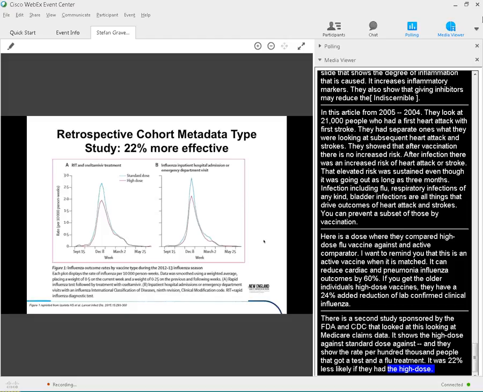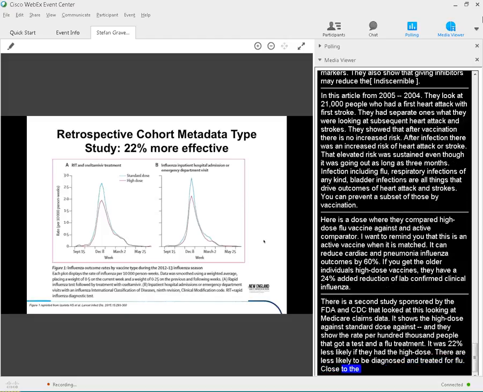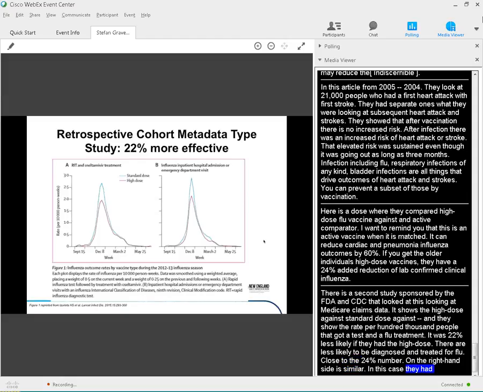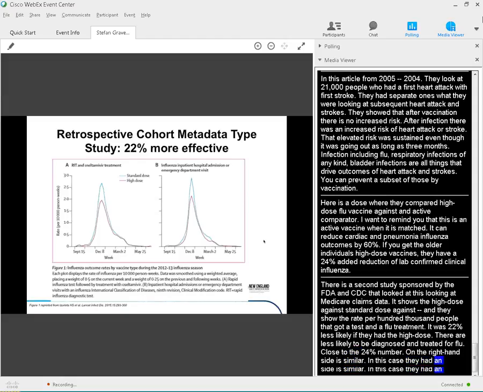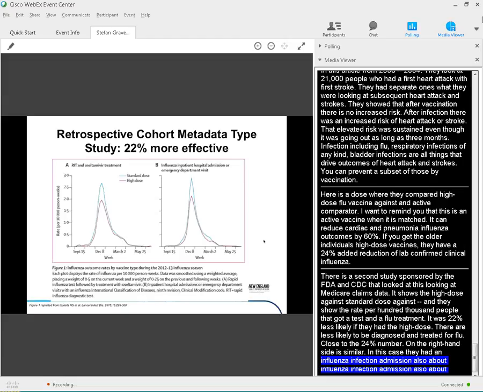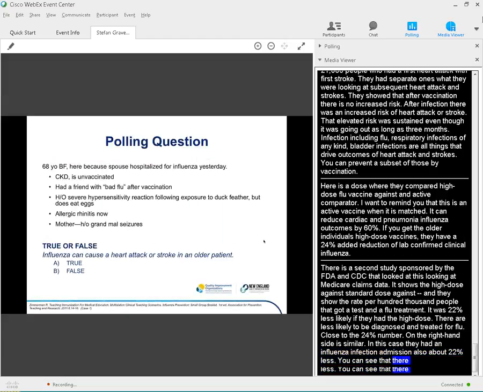On the right-hand side, a similar one, but in this case, they had an influenza inpatient hospital admission, also about 22% less. So you can see that there's some evidence that high dose is more effective than standard dose at preventing hospitalization and flu. So here's your polling question.